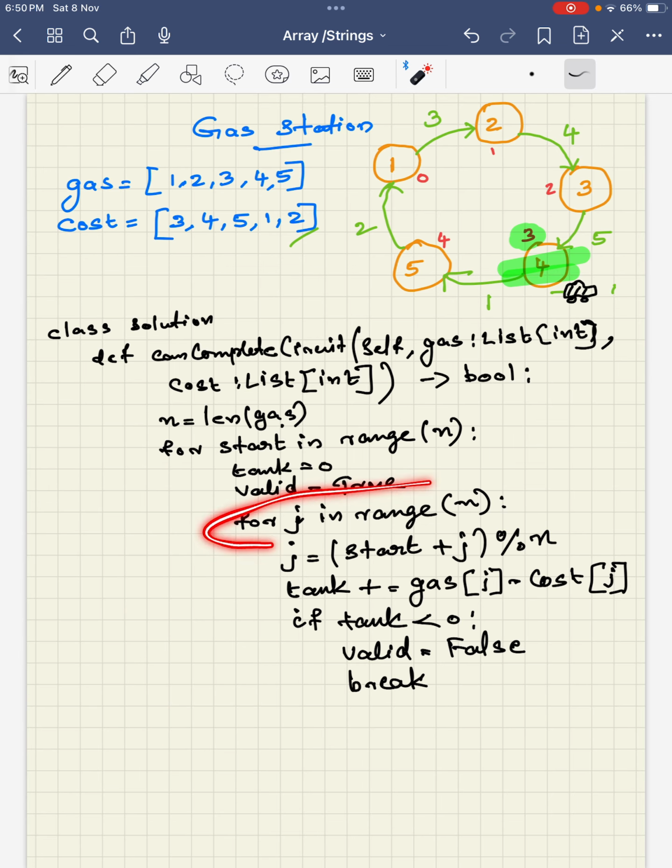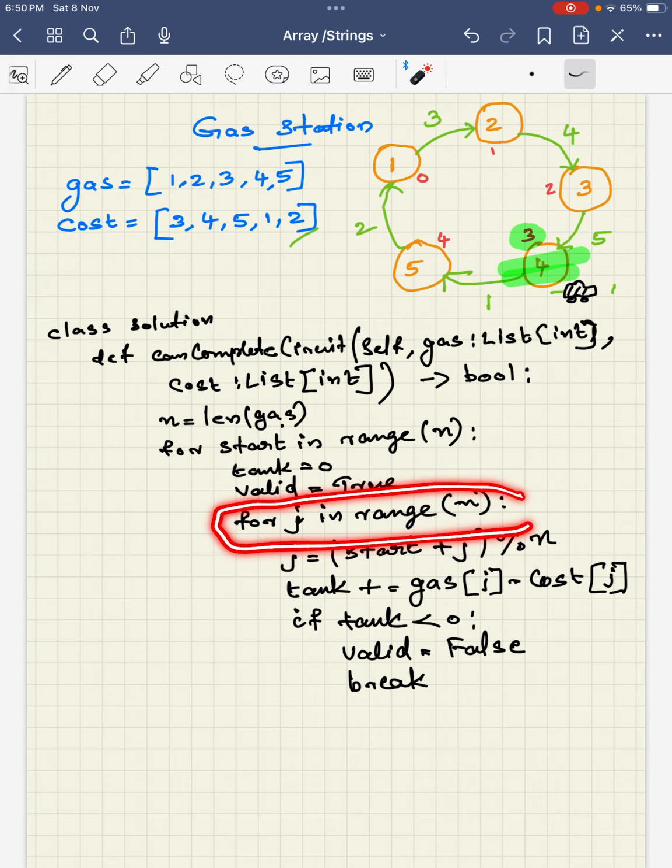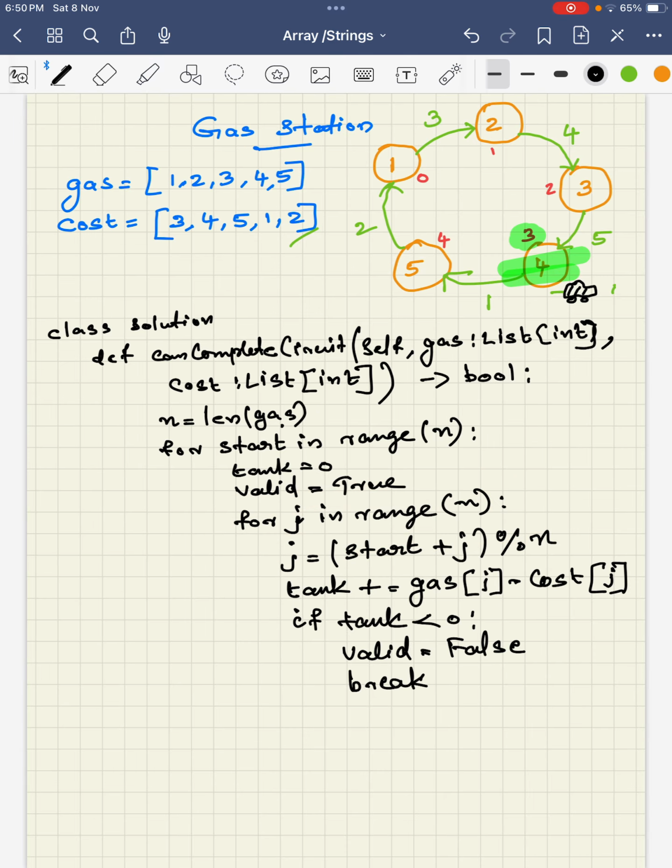This control sequence can break in two ways: whenever we know that we cannot complete the route, or when it completes the route. When it completes the route, that means we got a solution, so that also has to be checked. If valid equals true, or simply if valid, then return start.